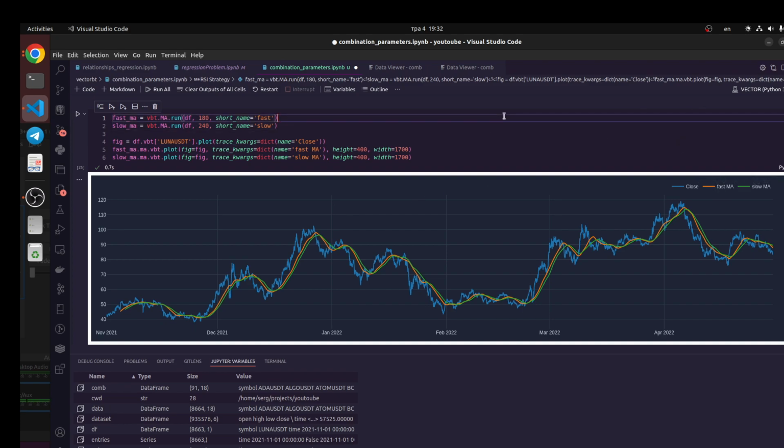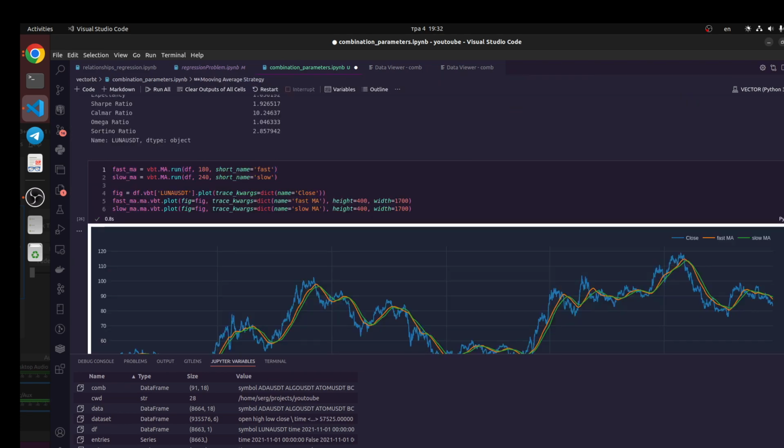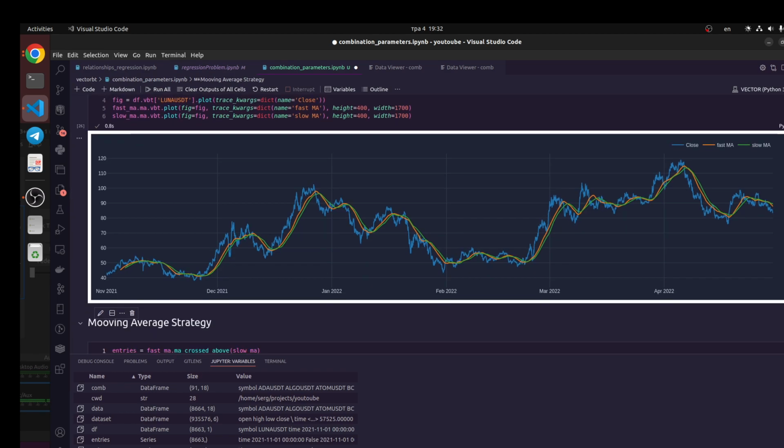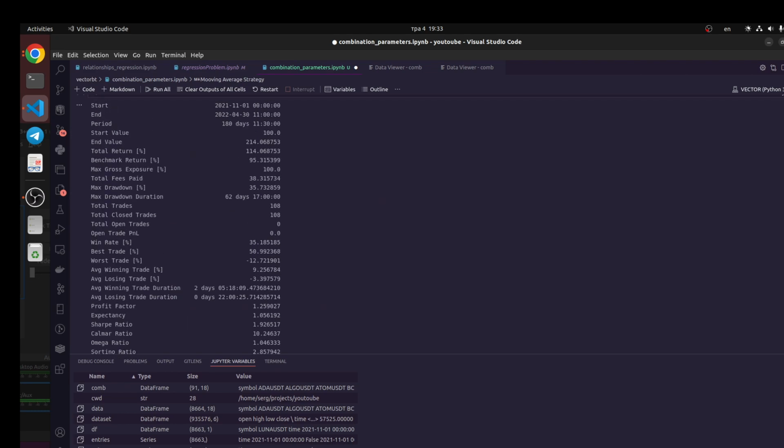and we're going to display the fast moving average and slow moving average. Okay, so let's do it again. So it is displayed, and you see when we cross this data, we have some signal, and the signal determines how many trades we did. For example, total trades is more than 100.